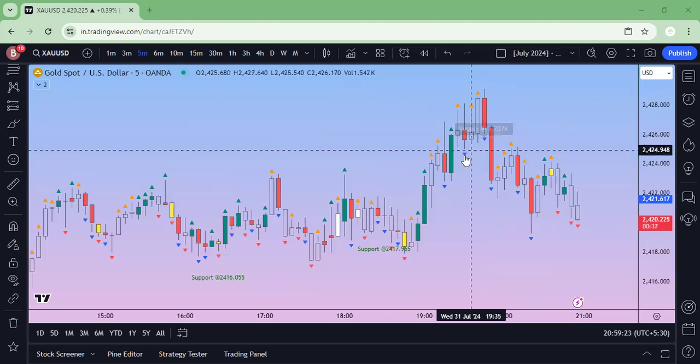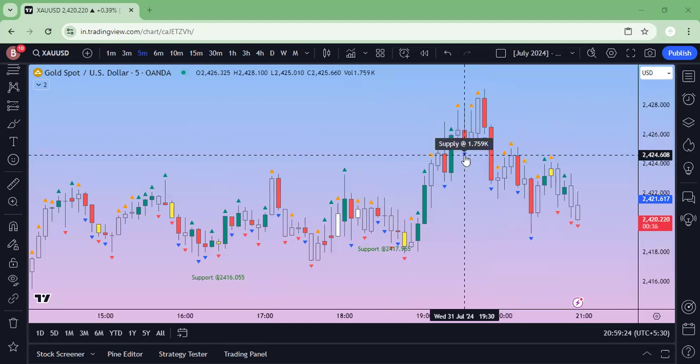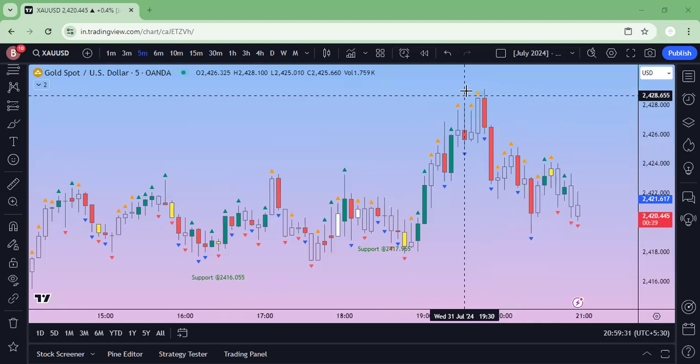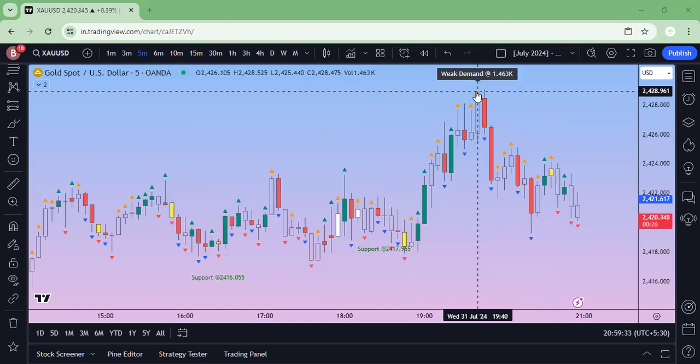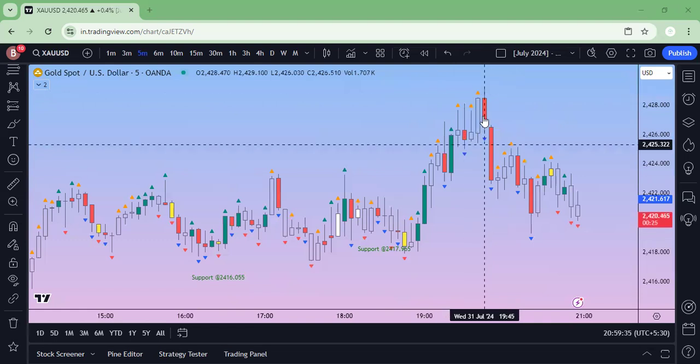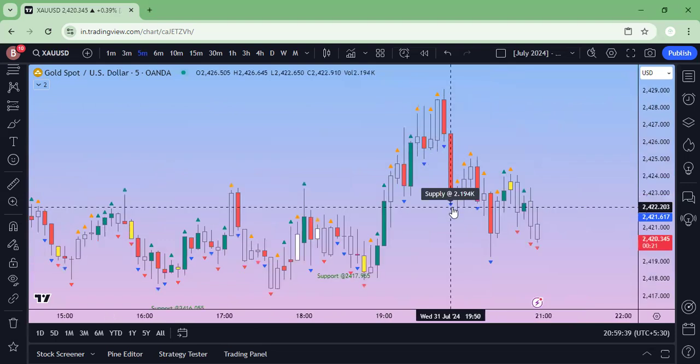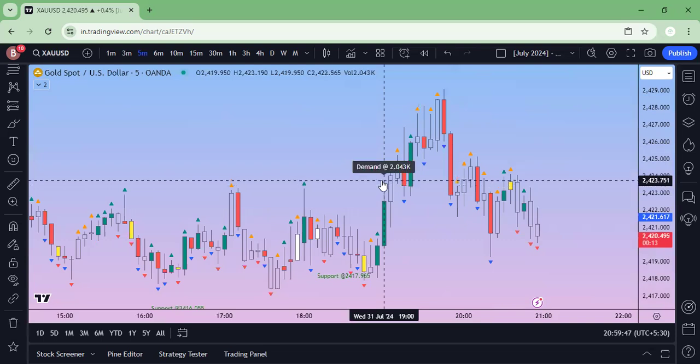You can make out the increase or decrease in supply: 1.75 or 76, you can say 1.70. But what about this one? 1.46. So comparatively, are we making any progress? No. And as you go down, this means supply is greater than demand. Here it says demand is greater than supply.